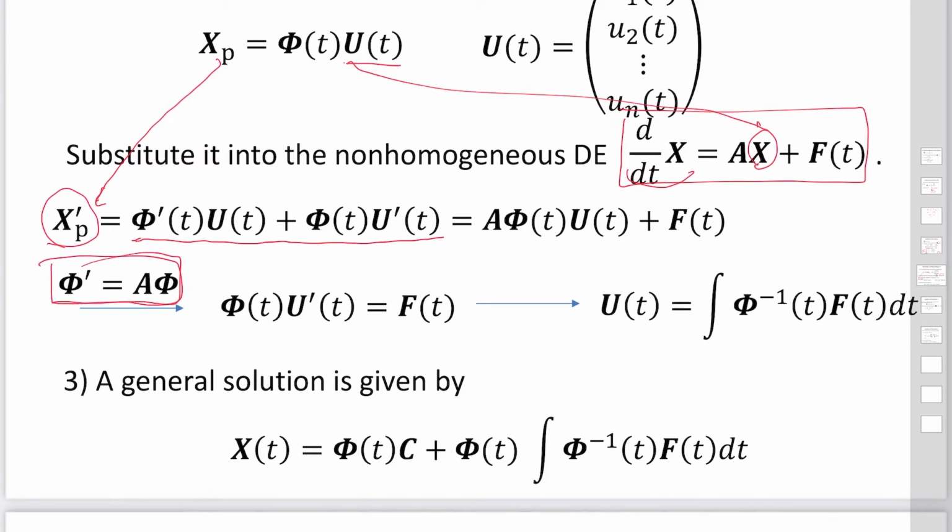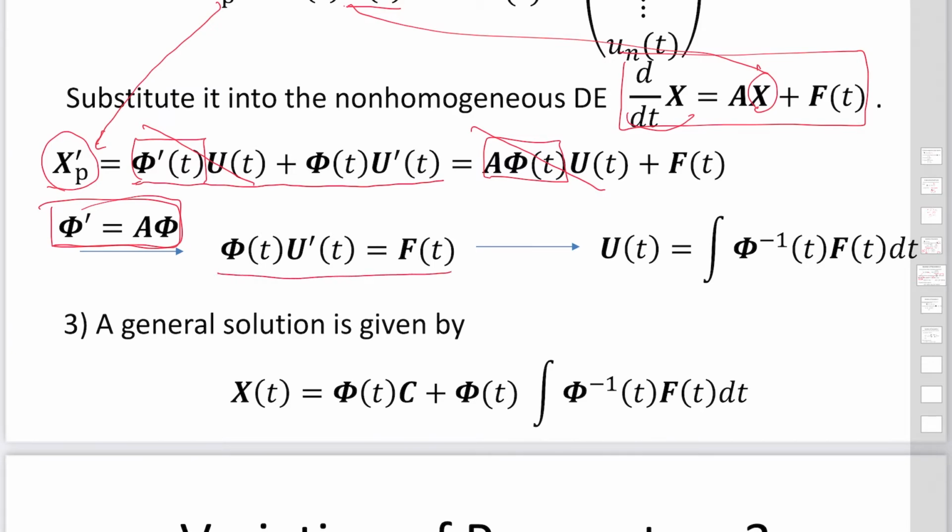We have found that phi prime equals A phi. So these two terms are exactly equal and cancel out. The equation becomes phi u prime equals f.